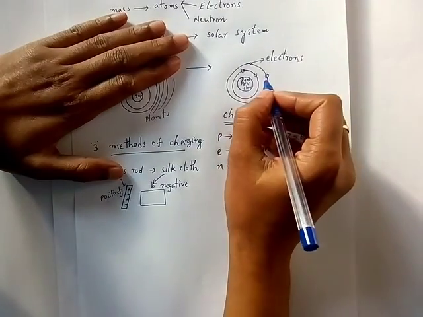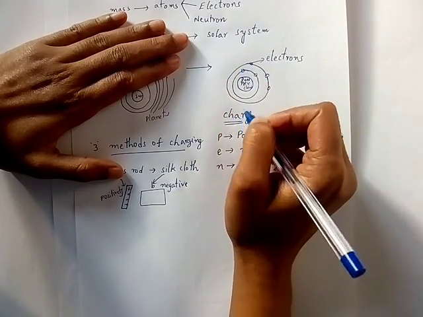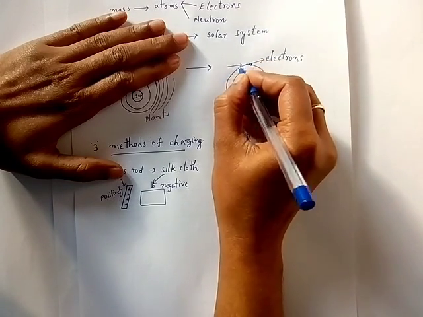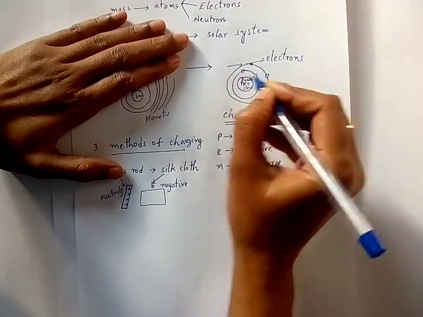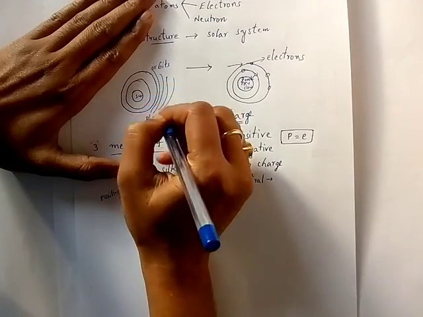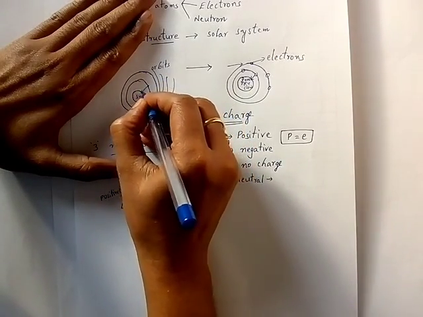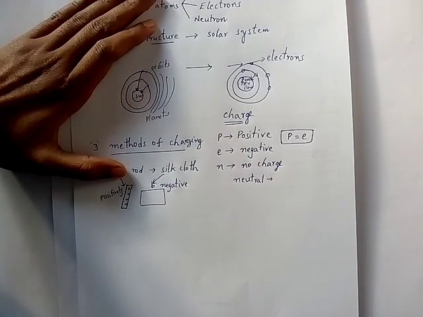See, the electrons are revolving around the nucleus. While they are revolving, there is some attraction towards the center, just like in the solar system, where all the planets are attracted towards the sun. That force we call gravitational force.